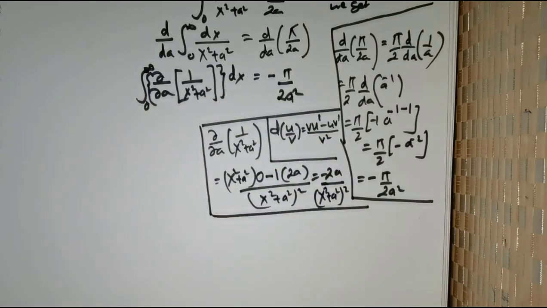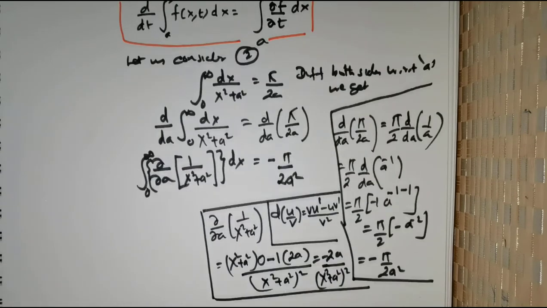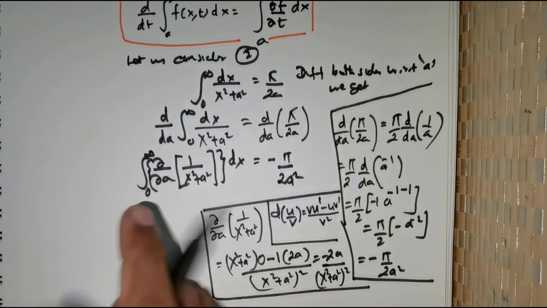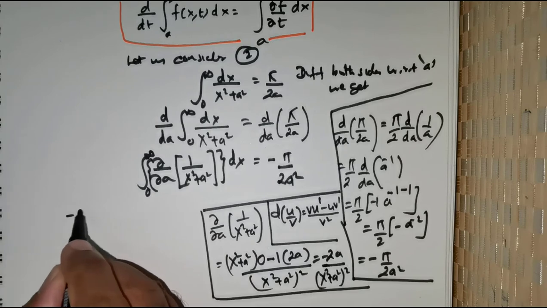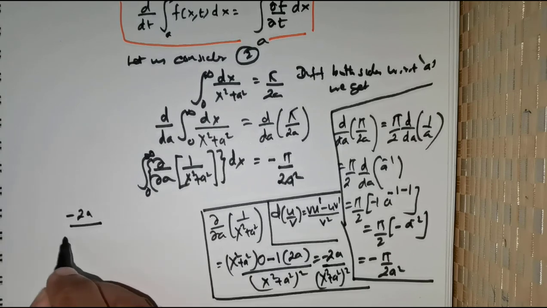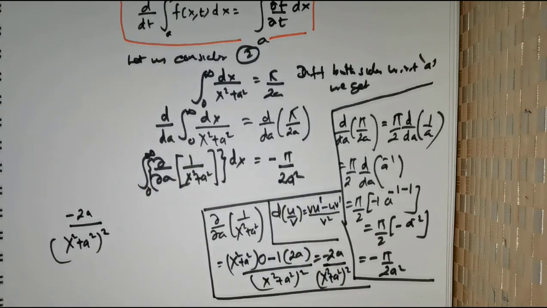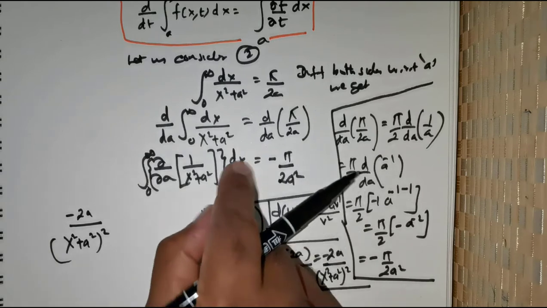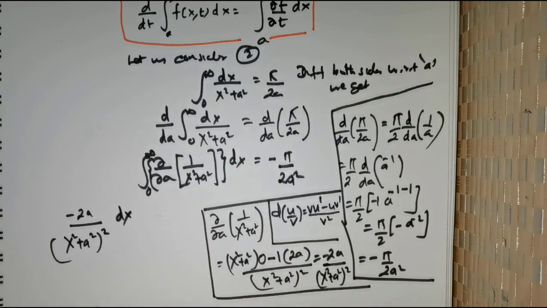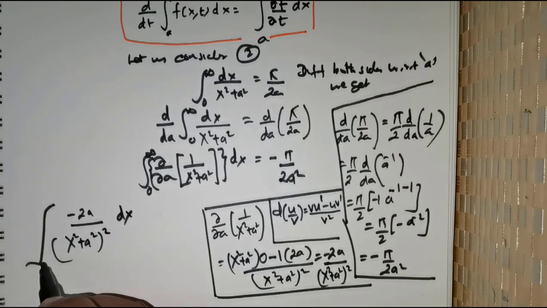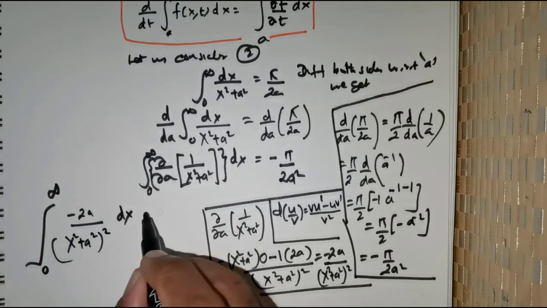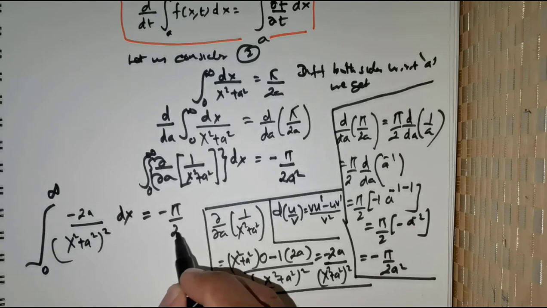So let us club these two things together. Negative 2a divided by x squared plus a squared raised to the power of 2, and I have a dx, don't forget that, and I have an integration sign from 0 to infinity, and I got a negative pi over 2a squared.